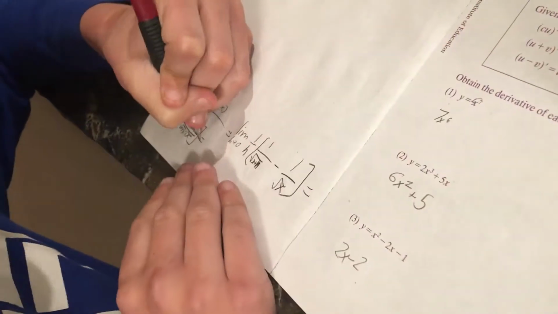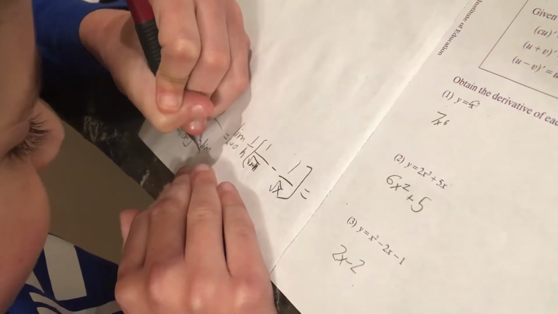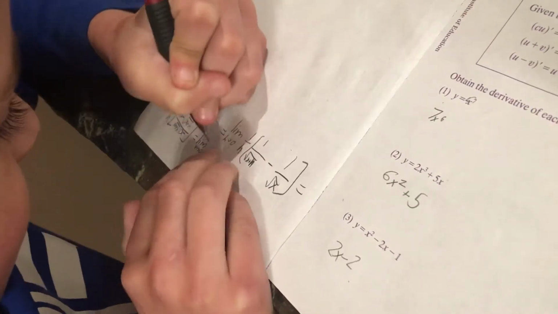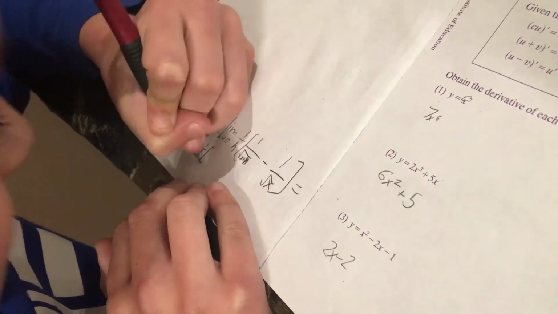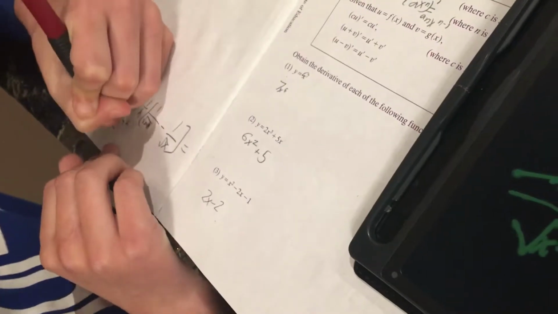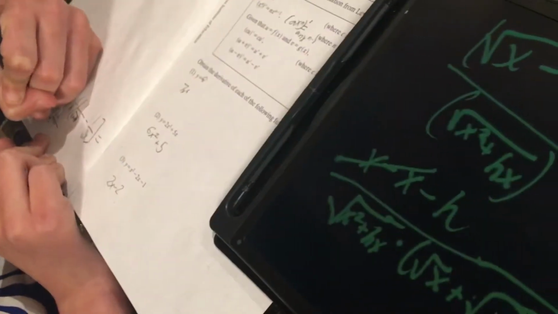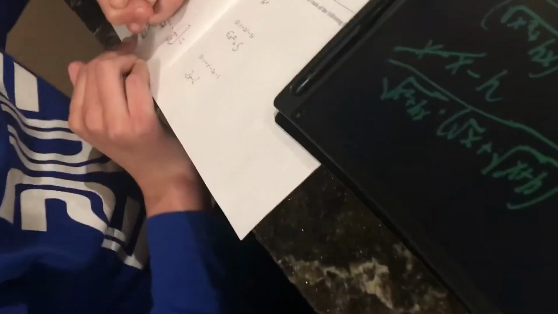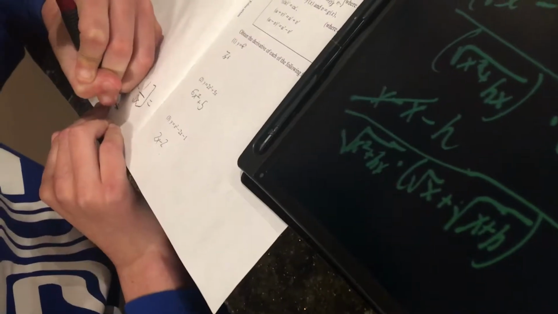So we get to the value of negative h over square root of x squared plus hx times square root of x plus square root of x plus h.